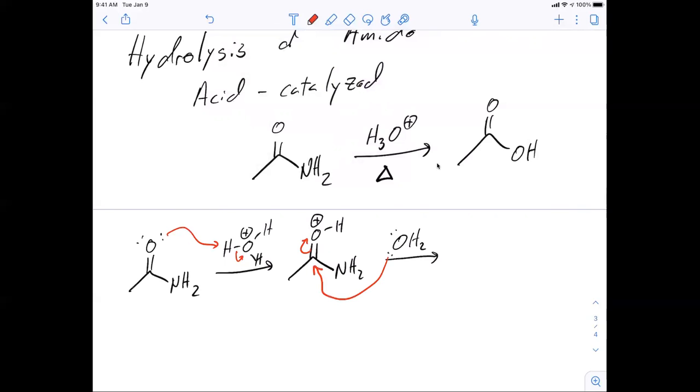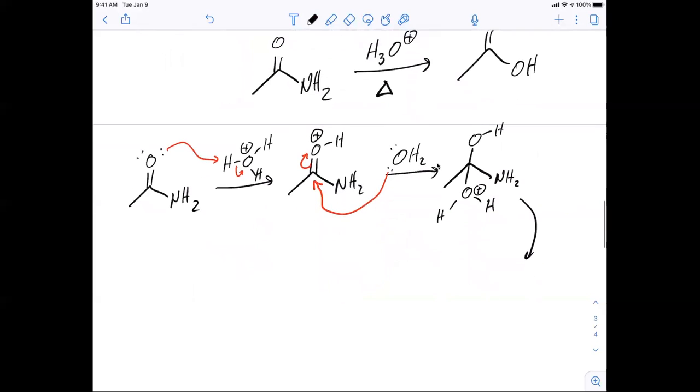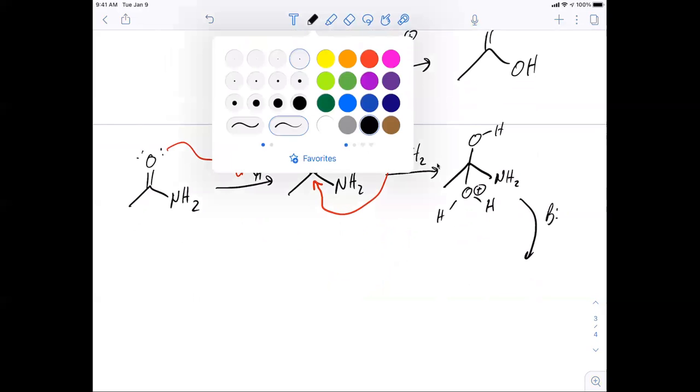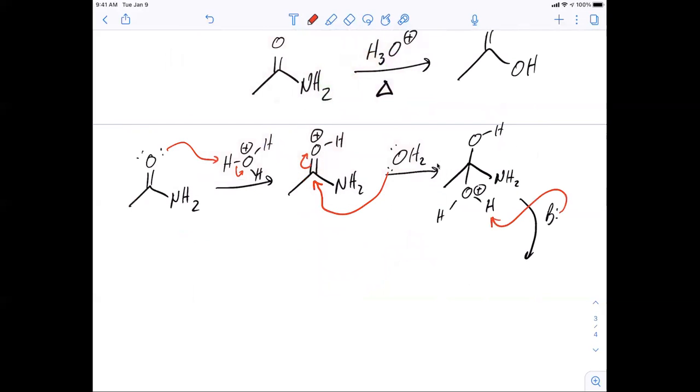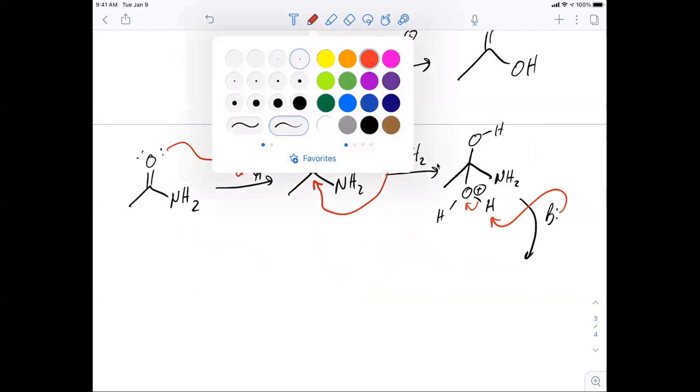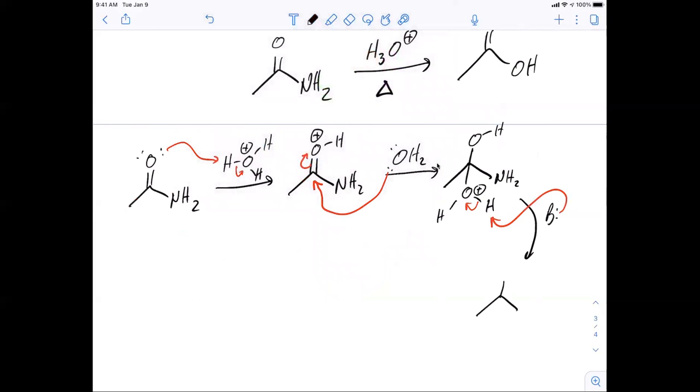We get nucleophilic attack at the electrophilic carbon of the carbonyl. Okay. Then we're going to get a proton transfer. Here I'm going to use a generic base, but most likely in these conditions, it's going to be water. Let's put it on the other side so you don't get confused.